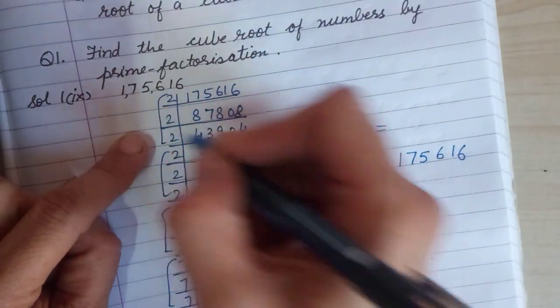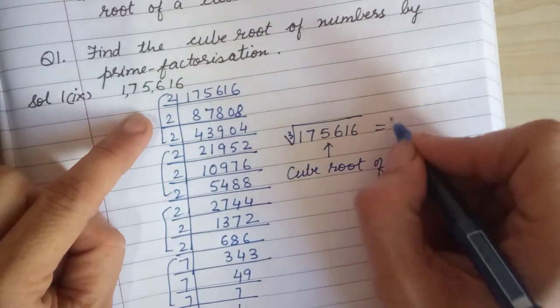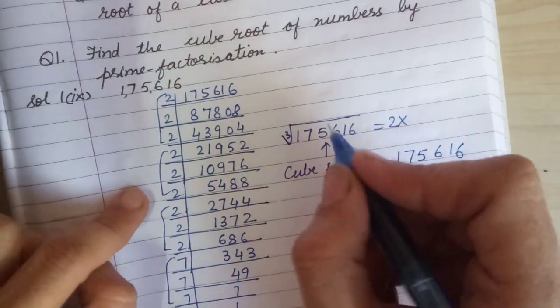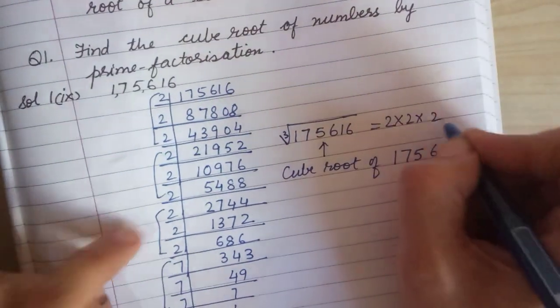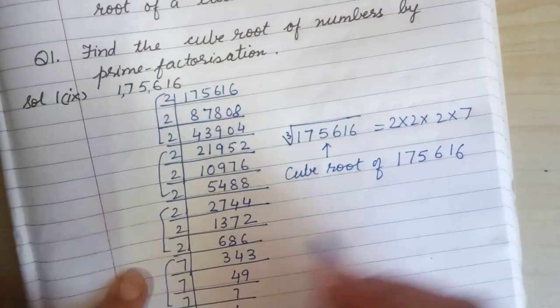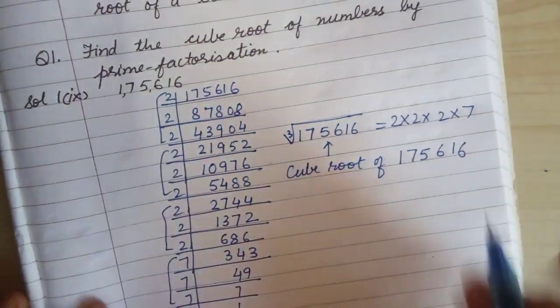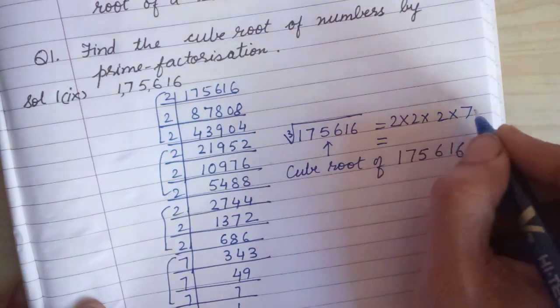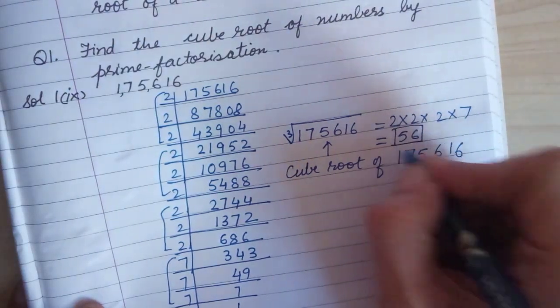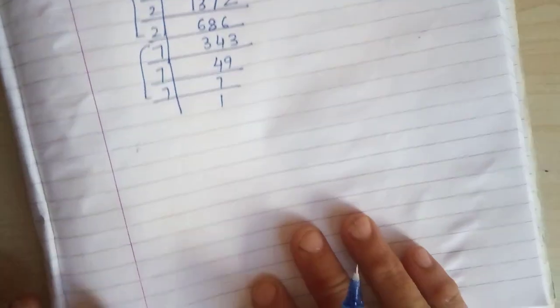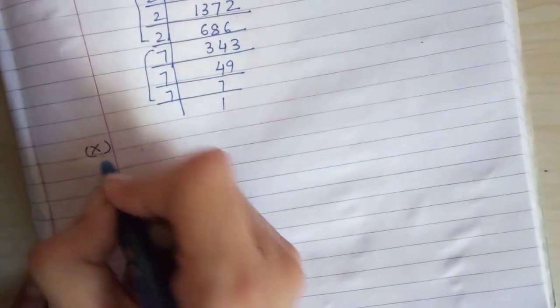This is a group of 3, a triplet, and we will take 1, 2 from here, 1, 2 from here, 1, 2 from this group, and 1, 7. So we have taken one member from each group, and this is 8. 8 into 7 is 56. 56 is our answer.